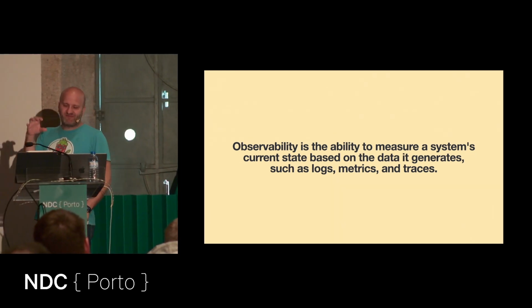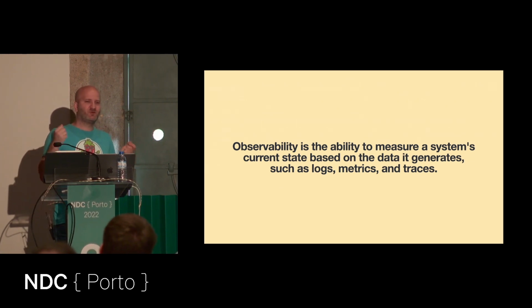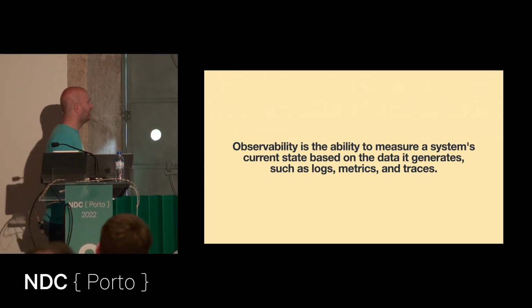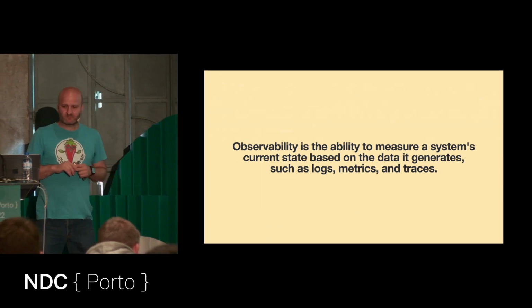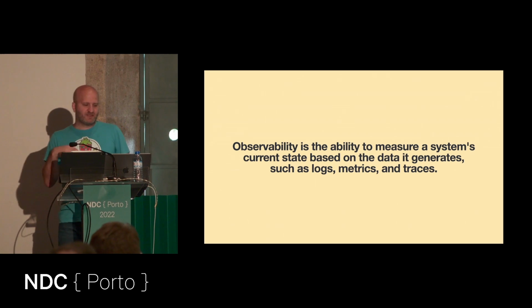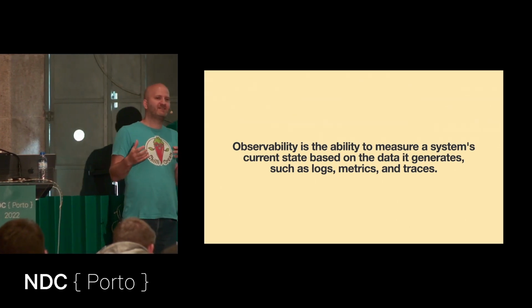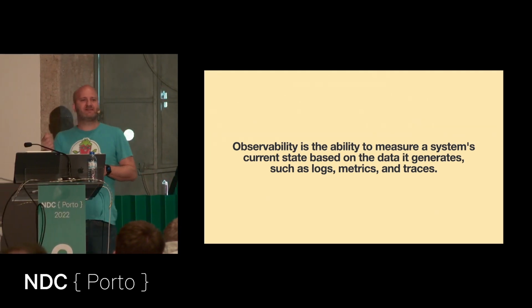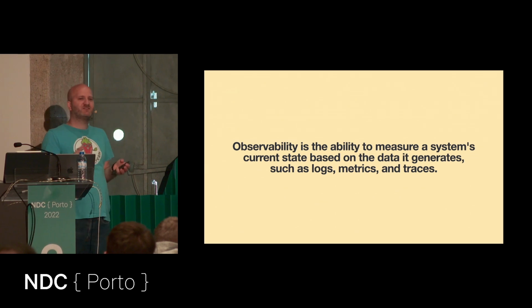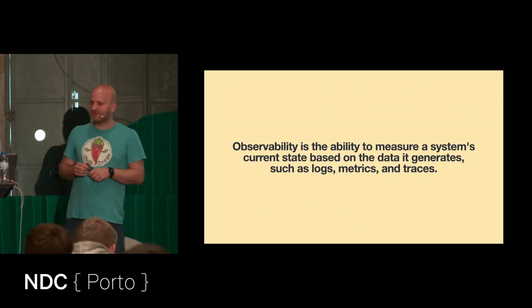But it can be very, very difficult to see the relation between distributed systems. So this is where this concept of observability comes in. And that is essentially the ability to measure how healthy and how performant your system is by collecting data, by looking at the tracing data, at the logging data, at the metrics, and so forth.